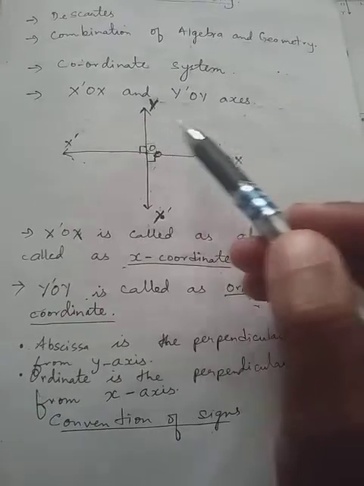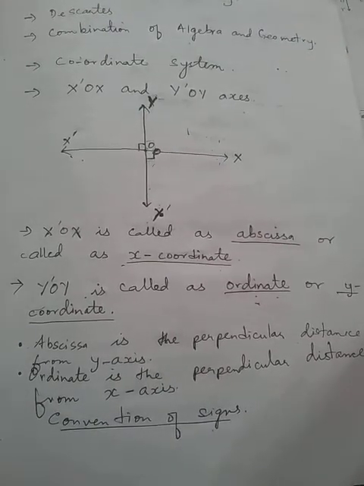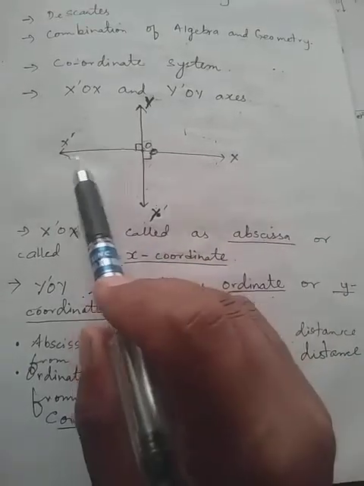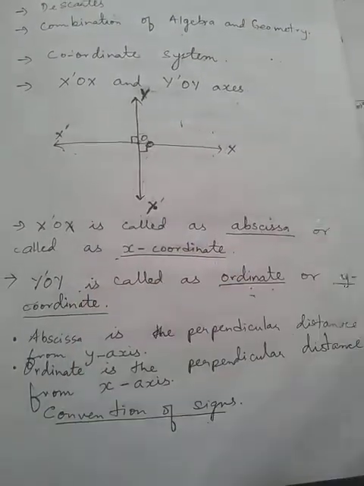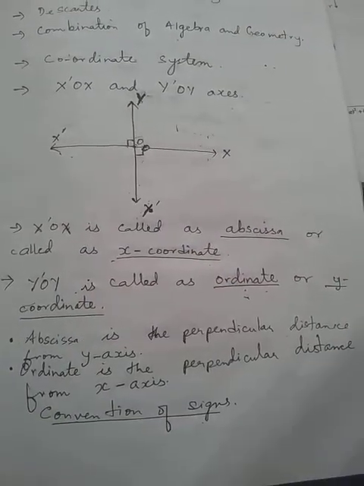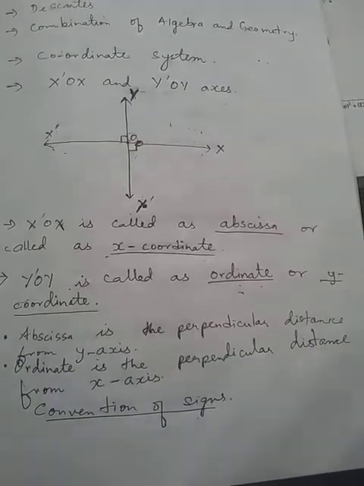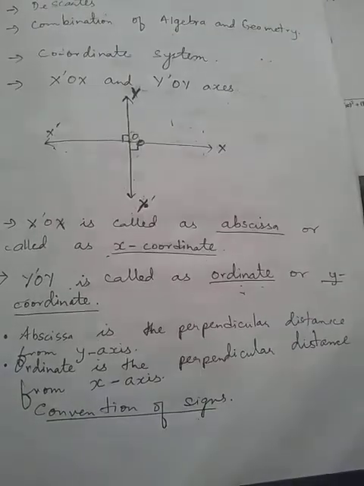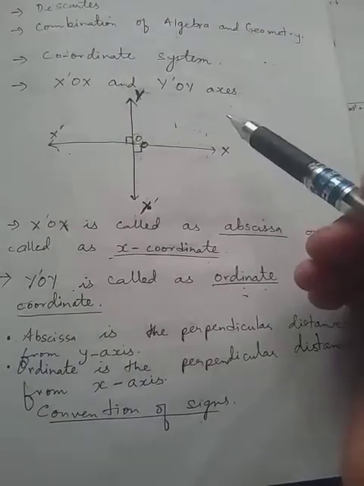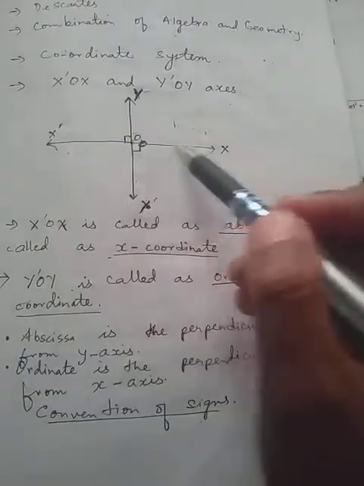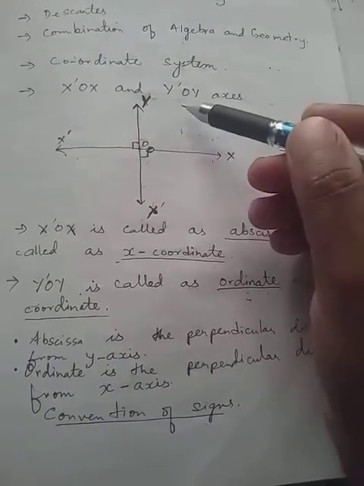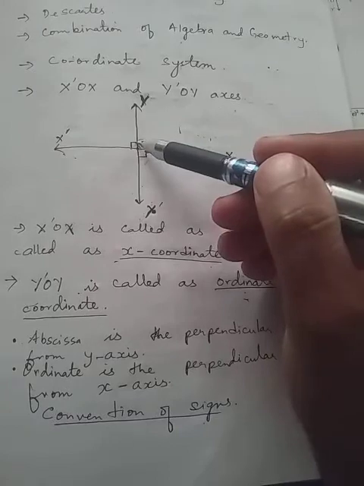So the abscissa is perpendicular to the y-axis. And what about the ordinate? Which one is the ordinate? Ordinate is this y-axis, right? This ordinate is the perpendicular distance that is drawn from the x-axis. Any distance that you draw and it is perpendicular. I hope you know what perpendicular is. Perpendicular means 90 degrees, right?